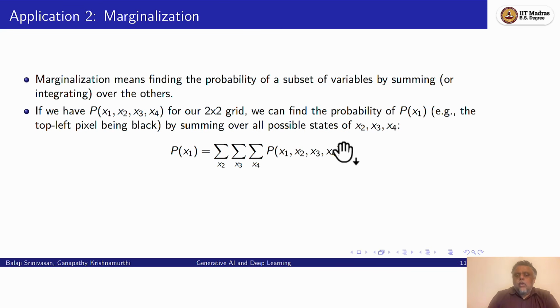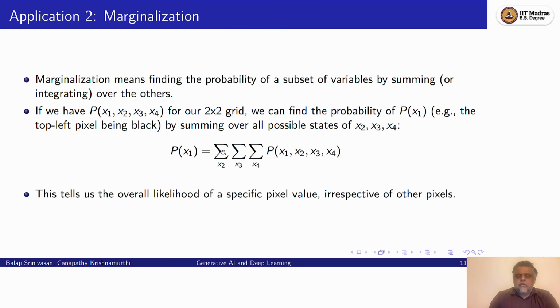Actually, I should have said the probability of the top left pixel being white. Typically that's what we end up specifying, the probability of the values being equal to 1. So all we do is marginalize over this, and for this particular configuration we end up with somewhere around 0.5.